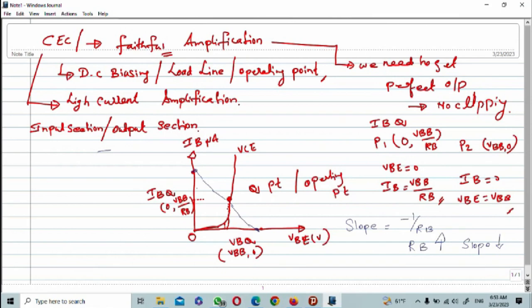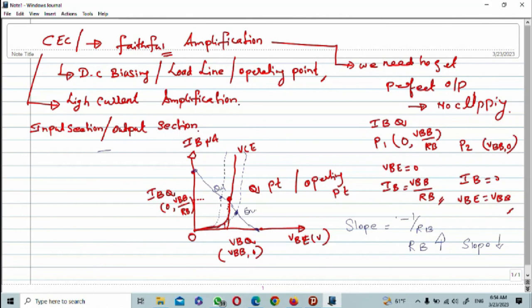Now I increase RB and take another operating point. This operating point is called Q1 and this one is called Q2. This distance is going to vary.